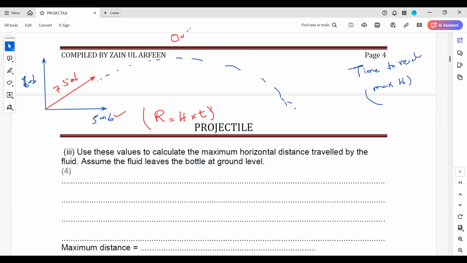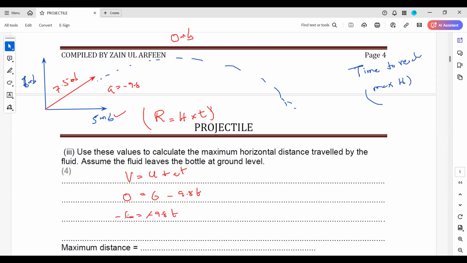At the maximum height, the vertical velocity is 0, and we know there will be a deceleration of 9.8. So if I use the first equation of motion, v equals u plus at: the final vertical speed is 0, the initial vertical speed is 6, the acceleration due to gravity is negative, and the time is t. So negative 6 equals minus 9.8 t.